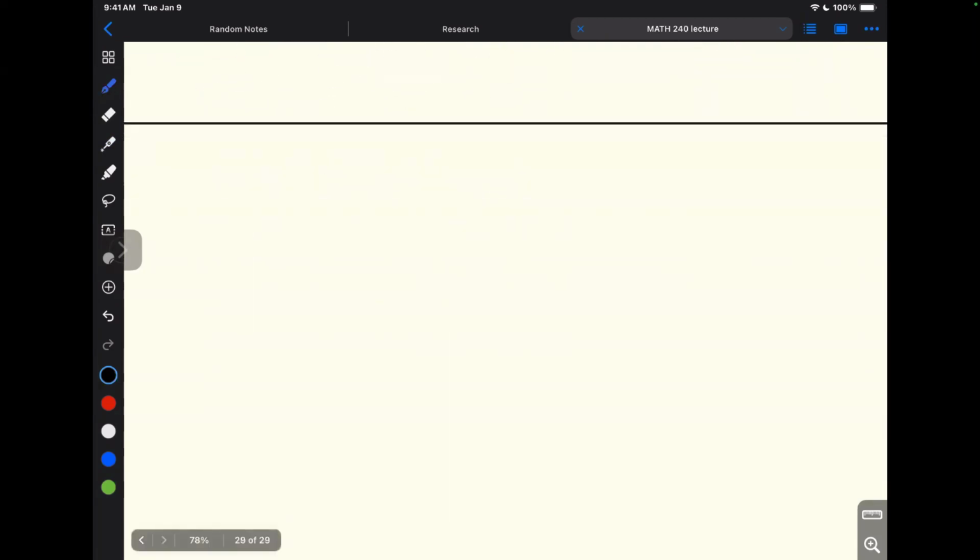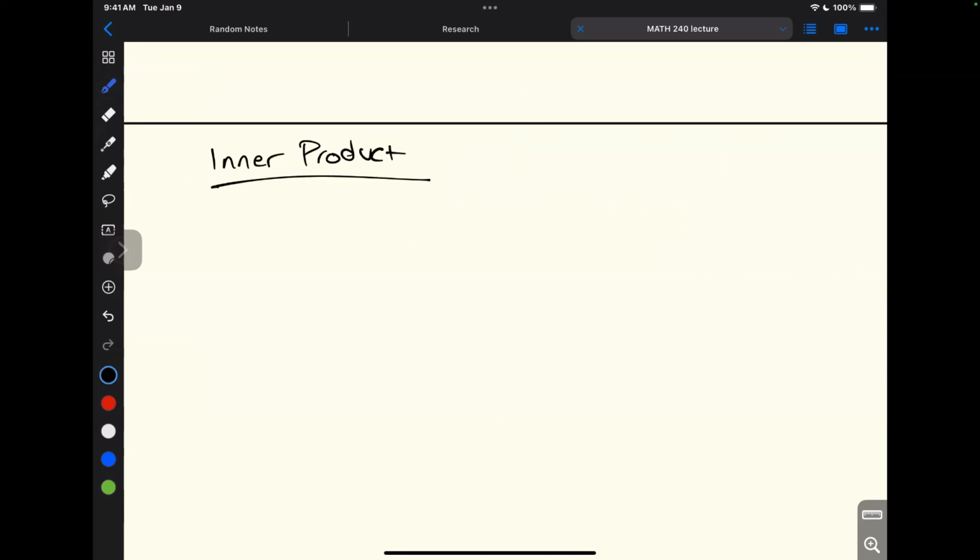Okay. Now let's look at the inner product. This is a case where we are multiplying. The book has all these numbers, and I don't like how the book numbered them with those brackets, so I'm going to redo it.